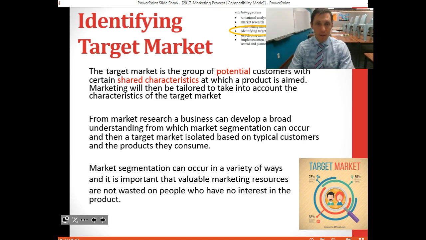And that might mean that they're going to target them for Qantas Club or Qantas Lounge membership. Then in terms of segmentation, as part of that target market, it's about segmenting the particular market, which will help solidify that target market. So developing a broad understanding from which segmentation can occur.